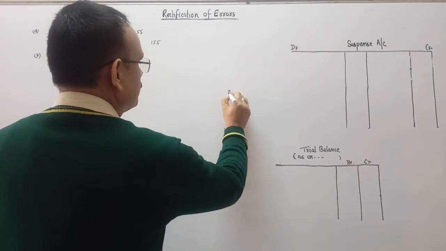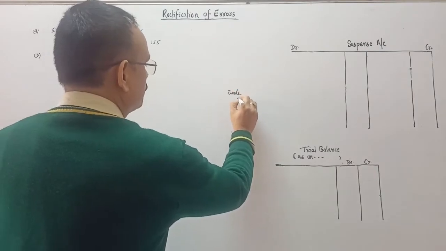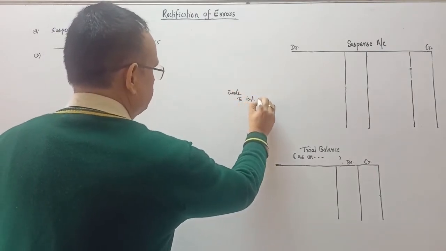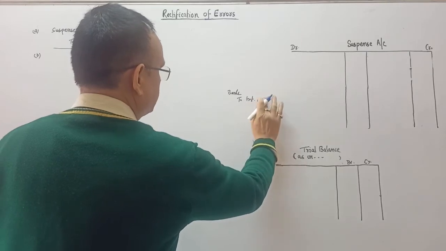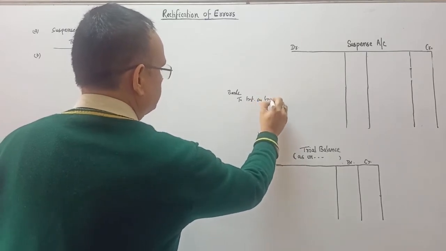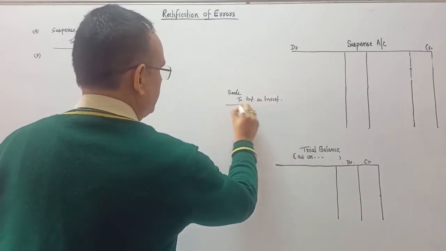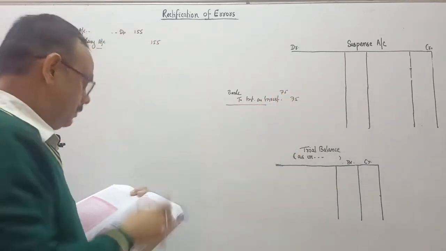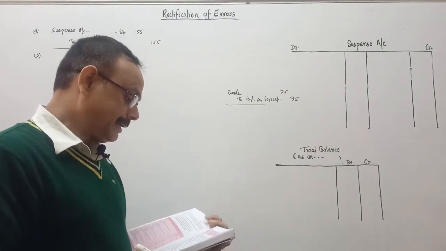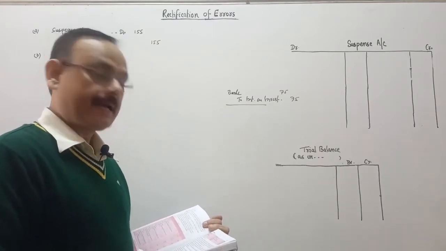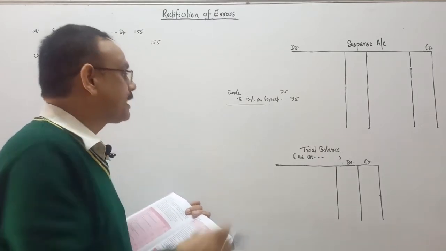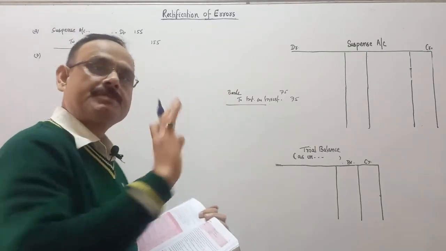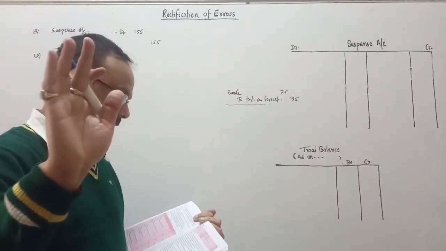Bank account debit to interest on investment, 75. What is the error? Interest on investment collected by the banker was posted directly to the concerned account, meaning the interest on investment account is duly posted.